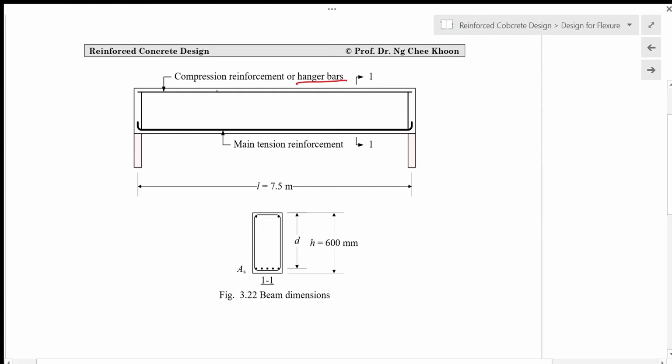So either this is compression reinforcement or we call it hanger bars if we only need tension reinforcement in the design. And then for the cross section we have 400 mm width and 600 mm height. Then after that we have to calculate what is the effective depth of the tension reinforcement d.